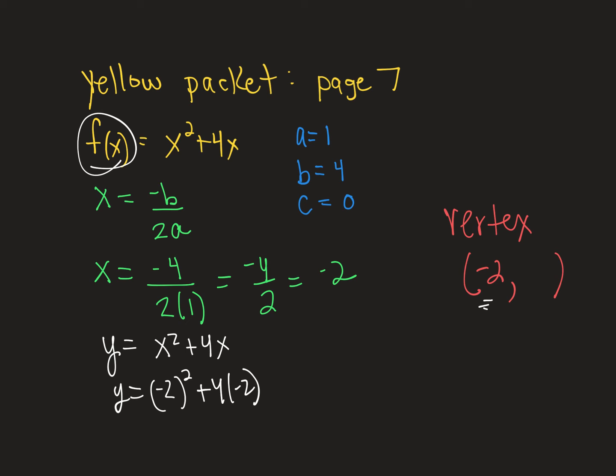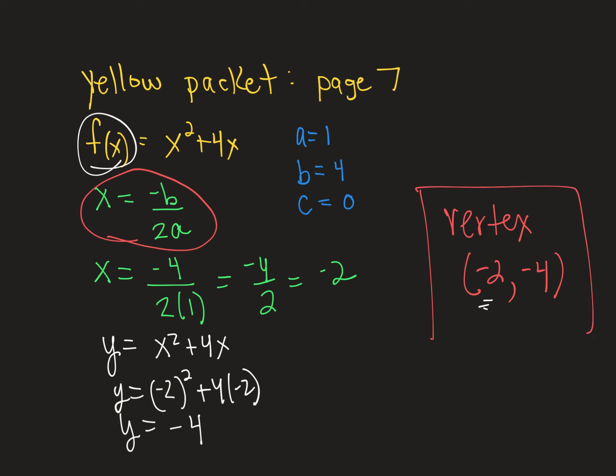And then I'm going to do that arithmetic. So that is going to give me 4 minus 8. And my y value will be a -4. So go ahead and look at page 7 of the yellow packet and compare what we got by doing the algebraic formula to find the vertex versus what we got when we graphed it. Should be exactly the same thing.